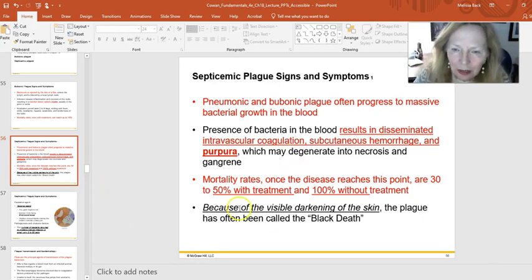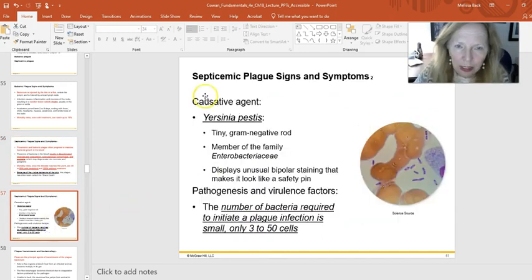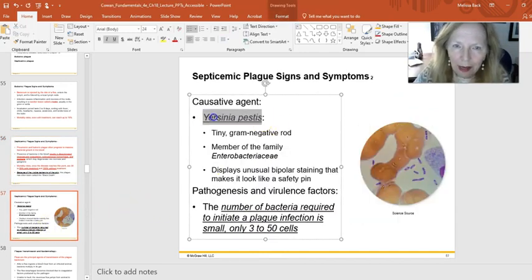Sort of horrific but interesting history about plague. Again, this is a bacterium. It's Yersinia pestis. You can see it on gram stain here. It's in a family of bacteria, the gram-negative rods, like Escherichia coli, Proteus mirabilis, Pseudomonas aeruginosa.